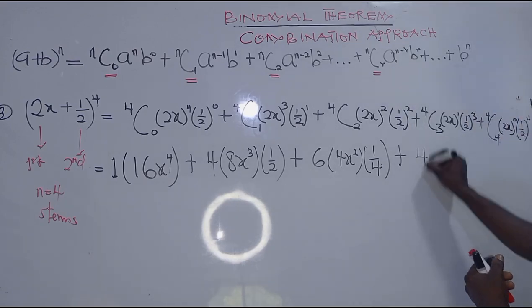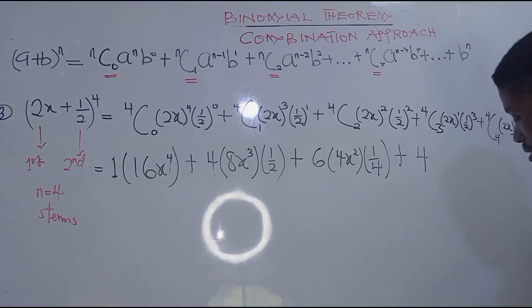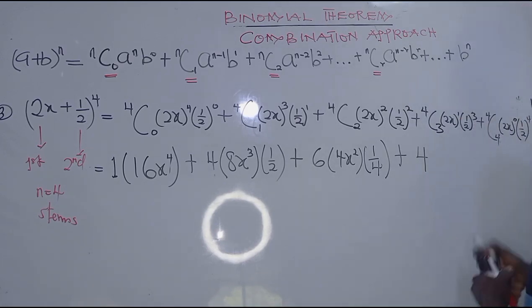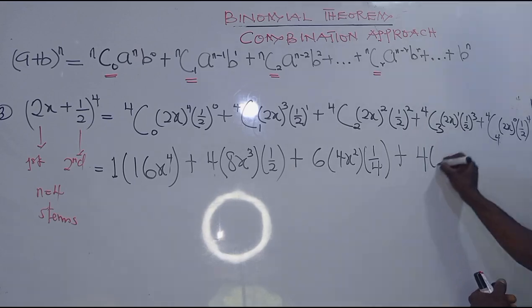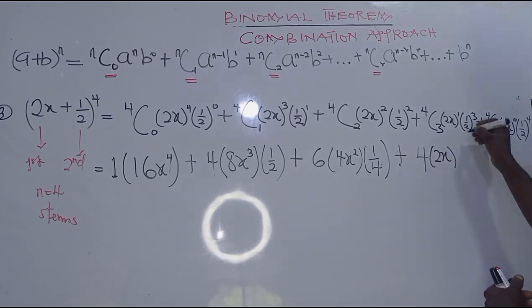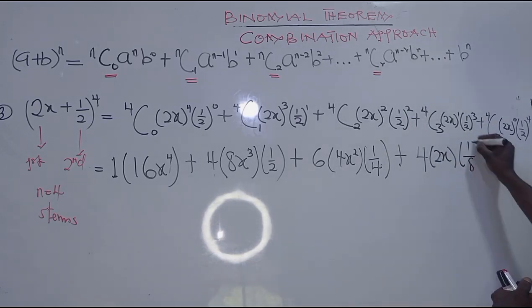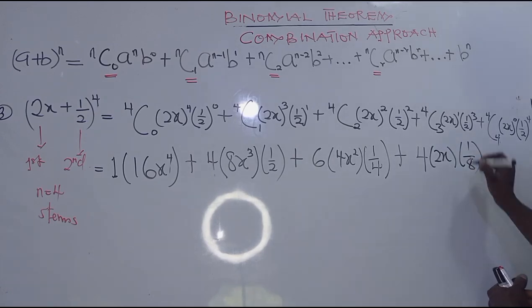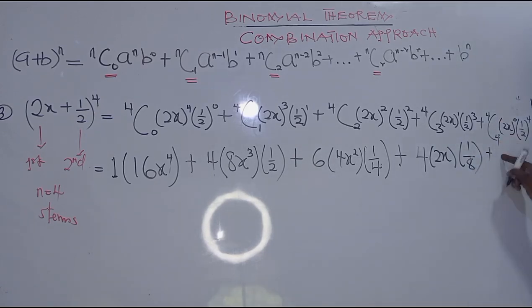So we have 4 of this, this will give you 2x, and then this will give you 1 over 8. You have plus 4 combination 4 will give you 1. This will give you 1, and then this will give you 1 over 16.